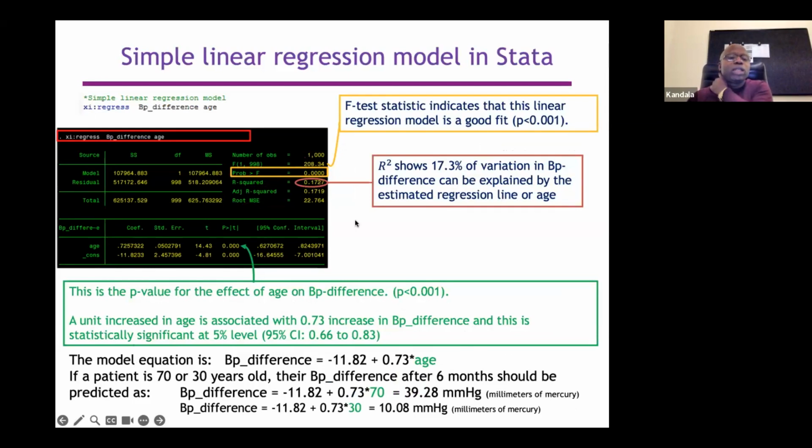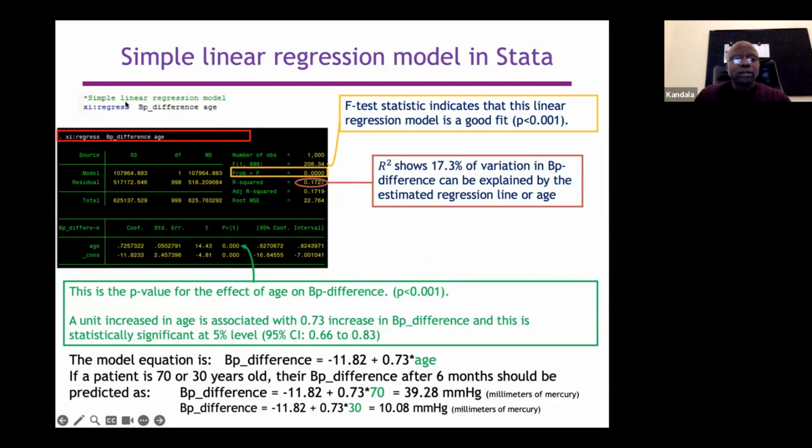So this was with SPSS. The same procedure, we can also do this with Stata. So the command, as you know, Stata is a command-driven software.